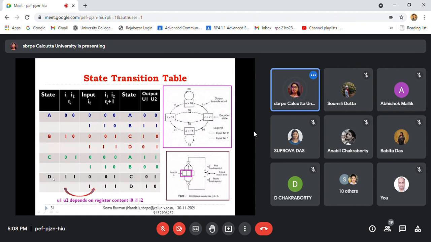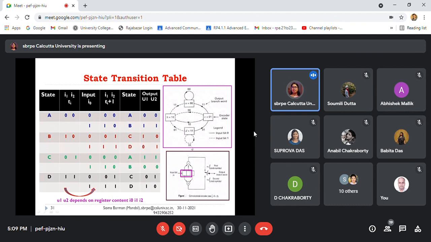So D for the 1 input, the state will not change. It will remain in the same state, D state, so it will be a self loop. As it is for the 1 input, it is shown by the dashed line. Clear? It is shown by the dashed line. But in the case of the A 0 0 state, it is represented by a solid line because it is for the 0 input. Okay. And output for this case is 1 0.